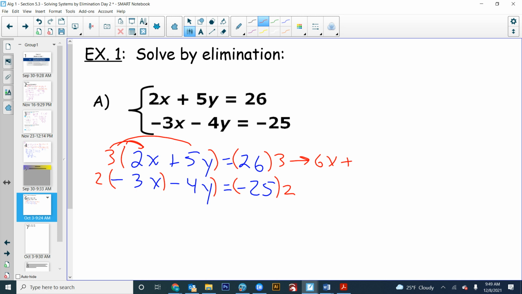So plus 15y. And then what's 26 times 3? 78. Okay, you guys distribute the 2 on the bottom, what we just did with the 3, and just stop. I'll kind of work it while you guys are.